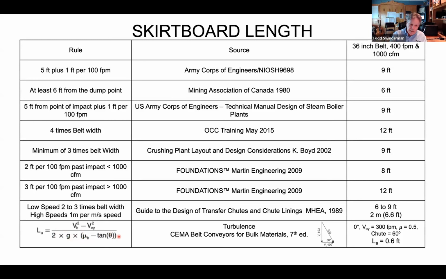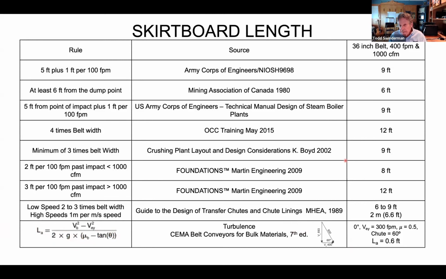Now, if you have a declining conveyor, that length of your skirt boards can get quite long to control that. On an incline or flat, typically this is real short, like a meter or less.